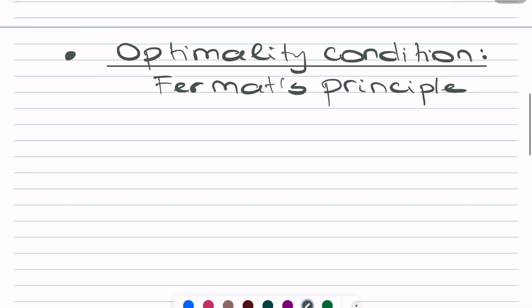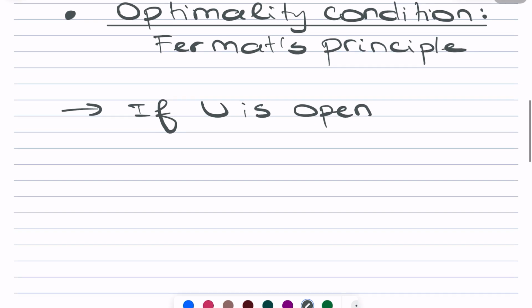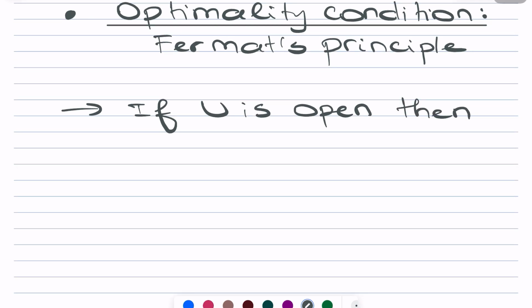So the optimality condition follows by the Fermat principle. If U is open, then the optimality condition would be that the gradient of f at the minimizer, u bar, should be 0.